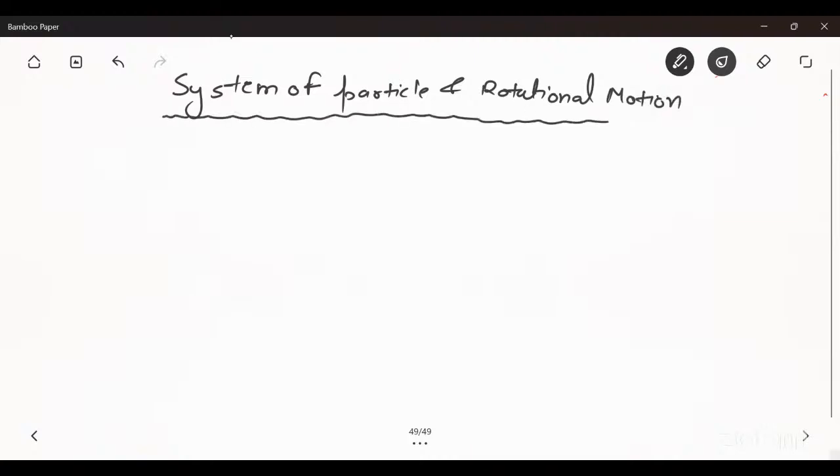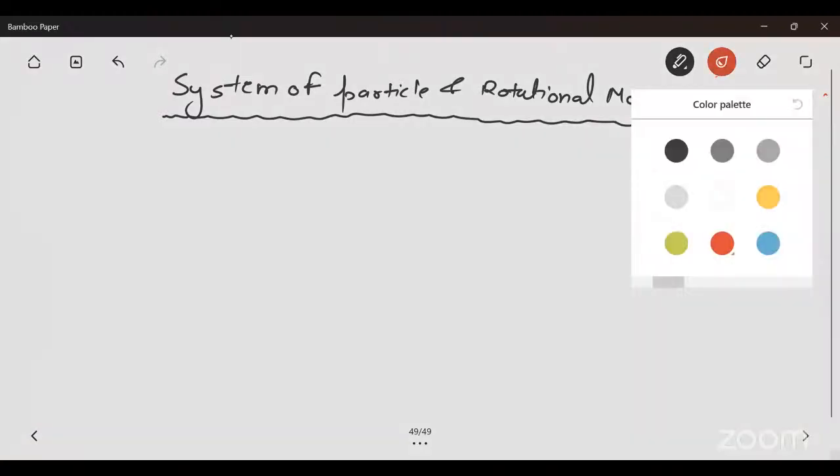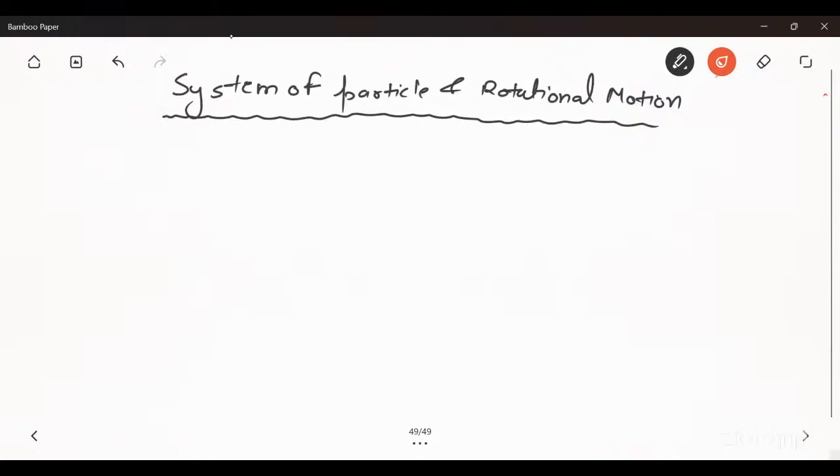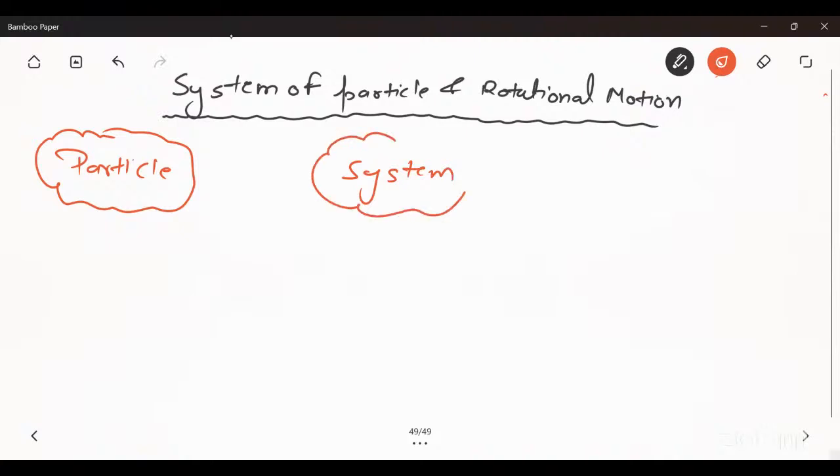So the name of the chapter is System of Particles and Rotational Motion. First, we have to know what a particle is and what a system is. A particle is defined as an object whose mass is finite but whose size and internal structure can be neglected.